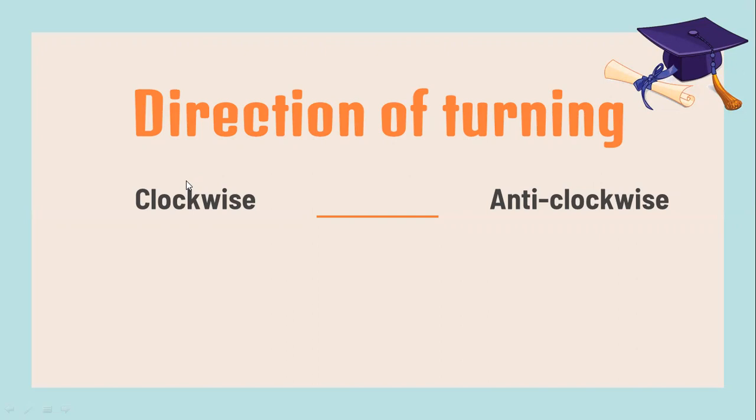And then anti-clockwise in bahasa we know as berlawanan arah jarum jam. Usually the direction of the clock goes to the right, ke kanan. So anti-clockwise means it moves to the left. Jadi dia bergerak mengarah ke kiri.